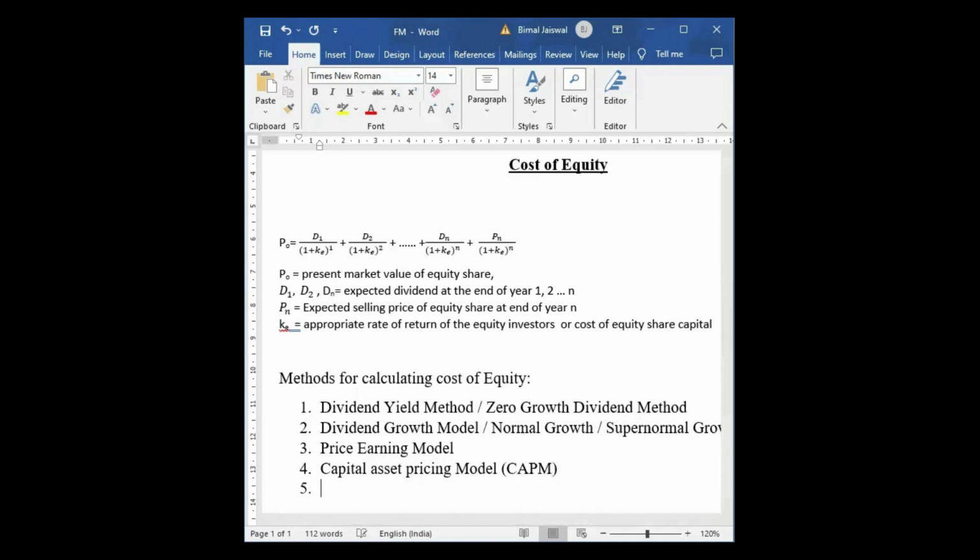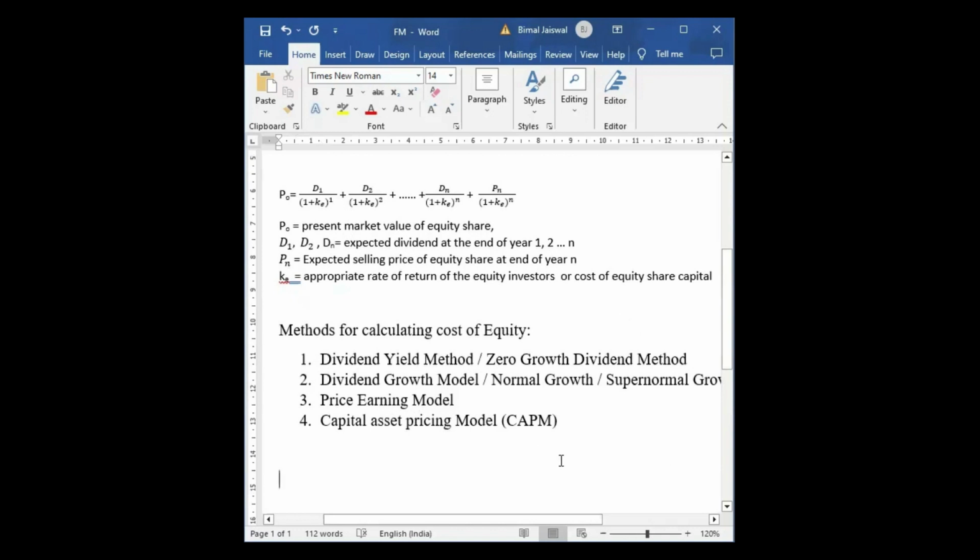So we will take up one by one. These will be the four methods through which we will calculate the cost of equity.